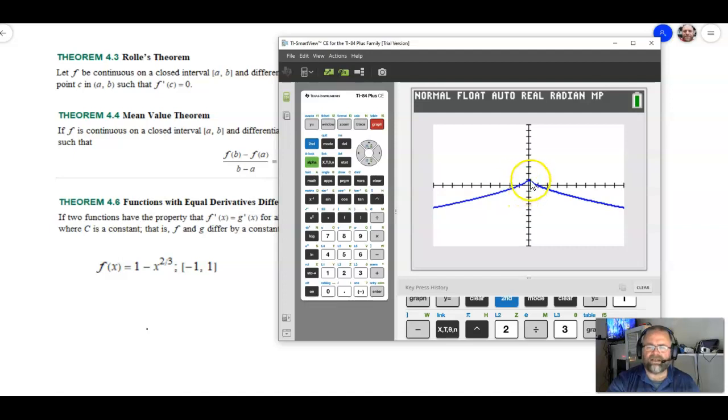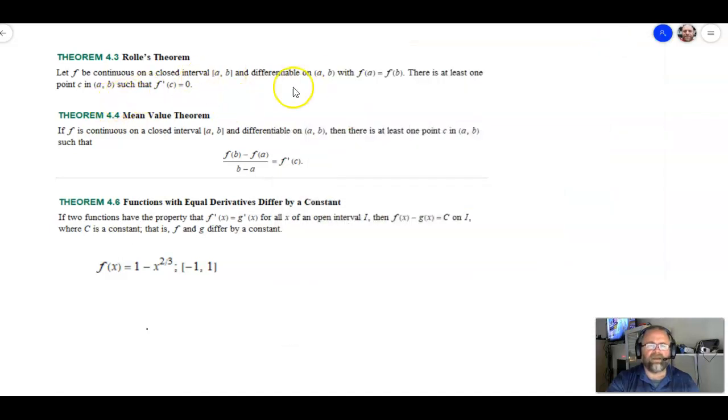Why? Because it looks like kind of a sharp point there, and we do not have a well-defined tangent line at that point, which I think is (0, 1). So for some reason, it doesn't look like it's differentiable in that interval. Therefore, Rolle's theorem would not apply.